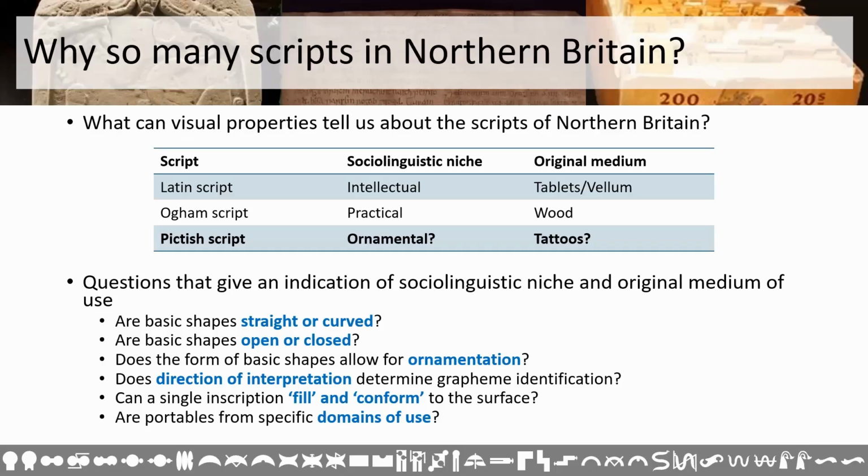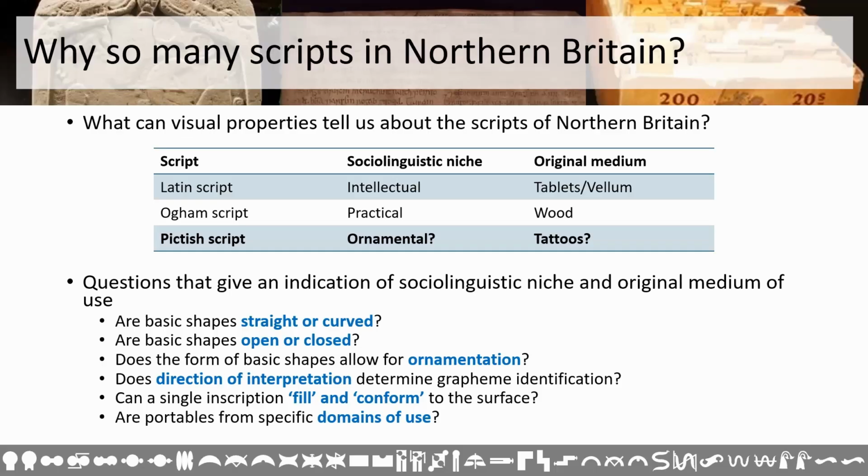So to back this up, to the extent that you believe me, I'm going to ask a few questions. Are basic shapes made up of outlines that are straight or curved? Are they open or closed? Do basic shapes allow for or indeed encourage ornamentation? Does the direction of interpretation affect the grapheme identification, which is important if you're a tattooing script, because a tattoo is going to be viewed from all different directions?